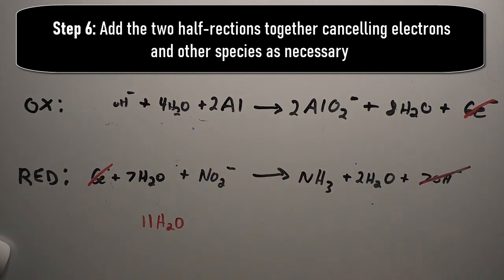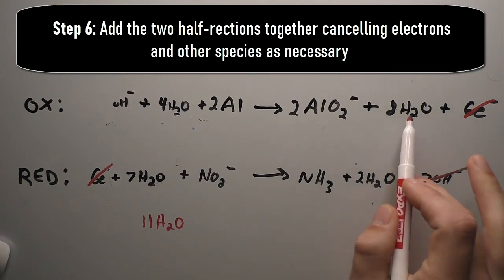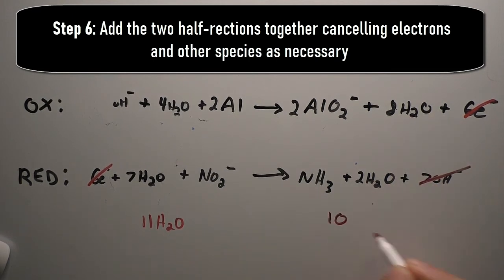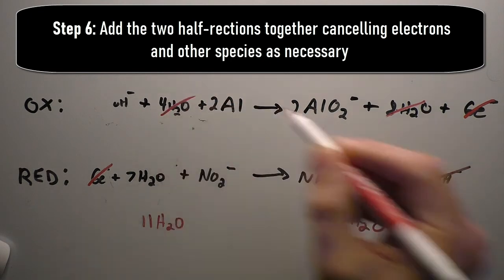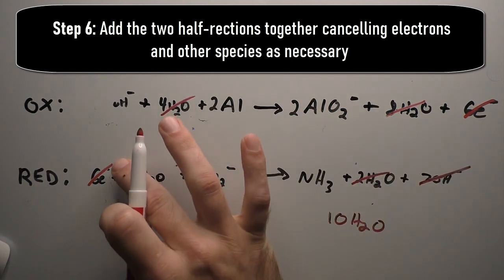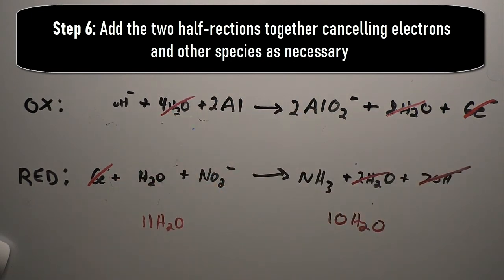And then on the right hand side, we have 8 plus 2, which is 10 waters. So all of the waters on the right are going to cancel out, leaving us with just 1 water on the left. So basically that just means we'll cancel, cancel, cancel, and we'll end up with 1 water. Hopefully I didn't do that too fast and lose you. I hope you're still following. I know I did that kind of quickly. So it looks like we've canceled out everything that we're going to cancel out.